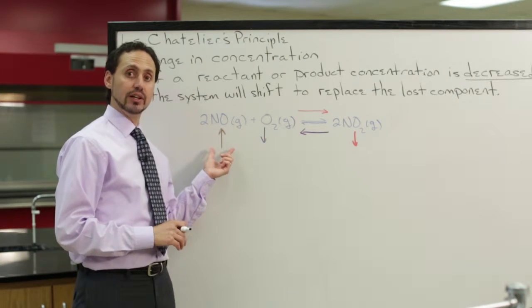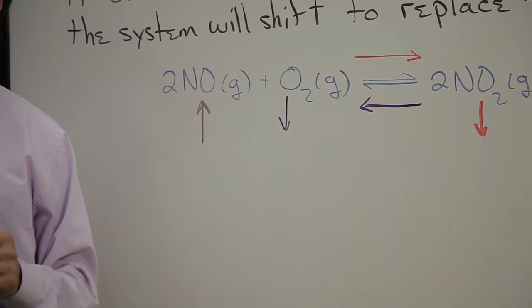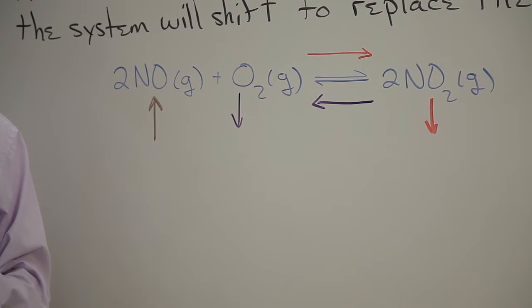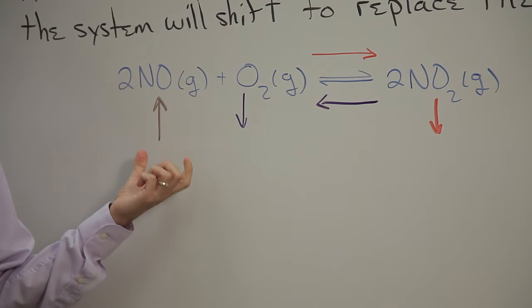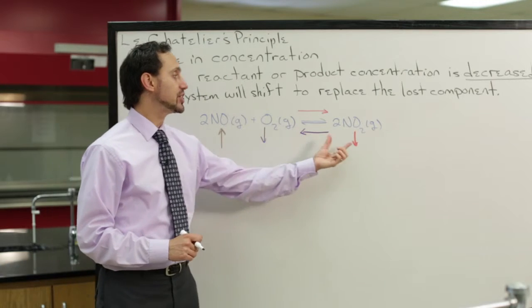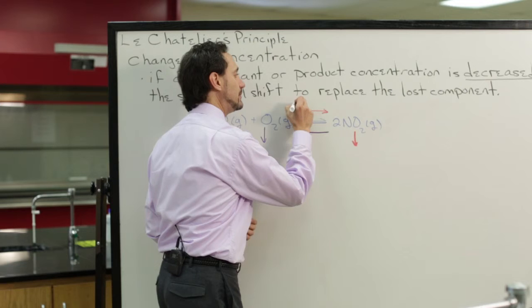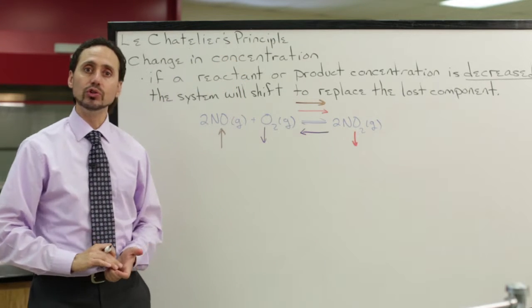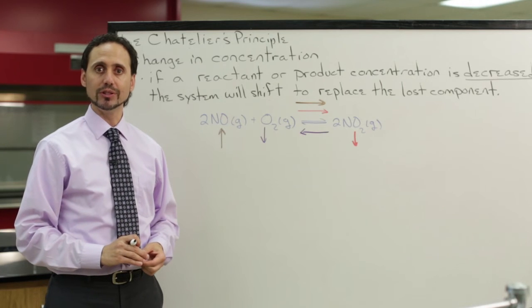If we're increasing a reactant, Le Chatelier's principle says the system will shift to counteract that effect. So it will shift to decrease NO, to use up more NO. And which direction is using up the NO gas? The reaction would shift to the right to remove the extra NO gas and thus achieve equilibrium once again.